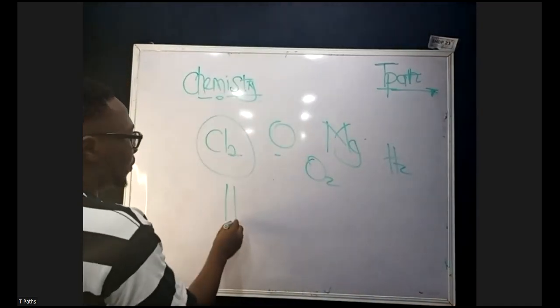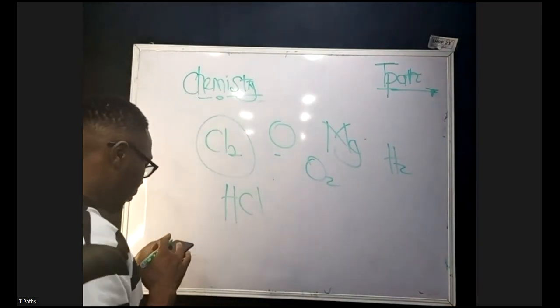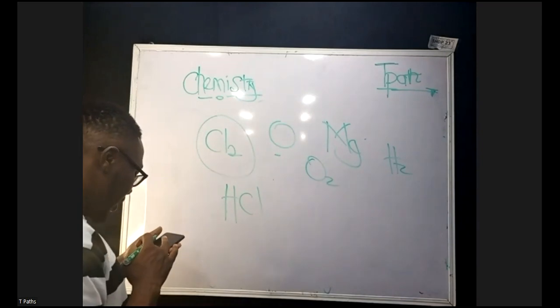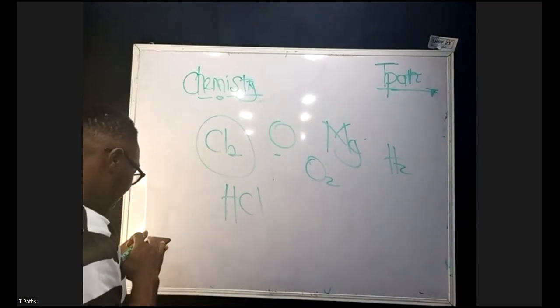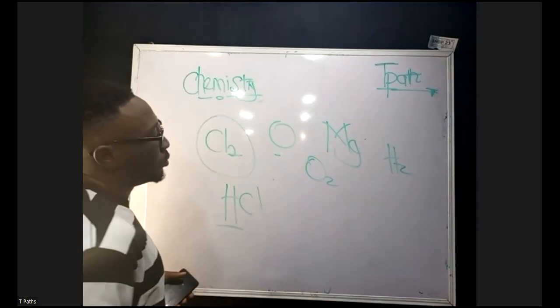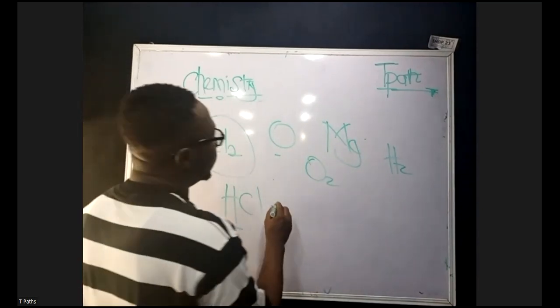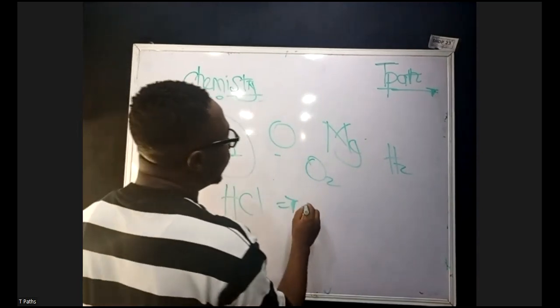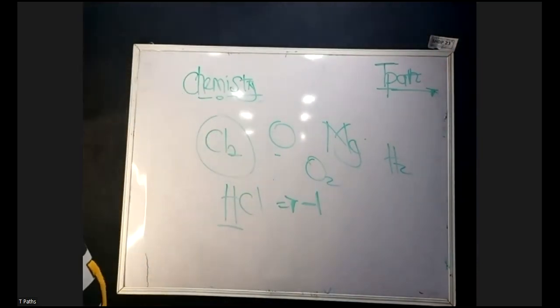HCl. We are told to identify the oxidation number of the underlying element there. And you can see clearly that the underlying element is hydrogen. So we need to know the oxidation number of hydrogen. But chlorine itself has an oxidation number of -1. How do we now know the oxidation number of hydrogen here?